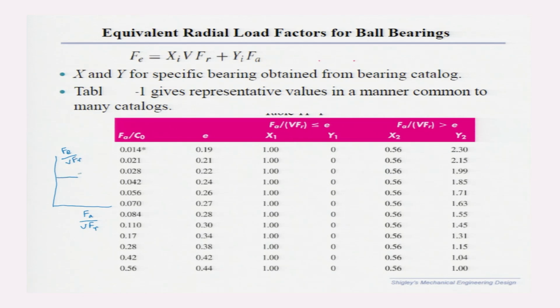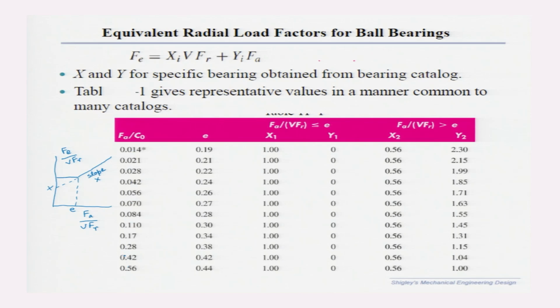The relationship was something like this, a linear one, and this point was E. The intercept was X and the slope was Y. So our first aim is to determine the value of E, and that E is given for a ratio Fa divided by C0. Fa divided by C0 gives us certain values.